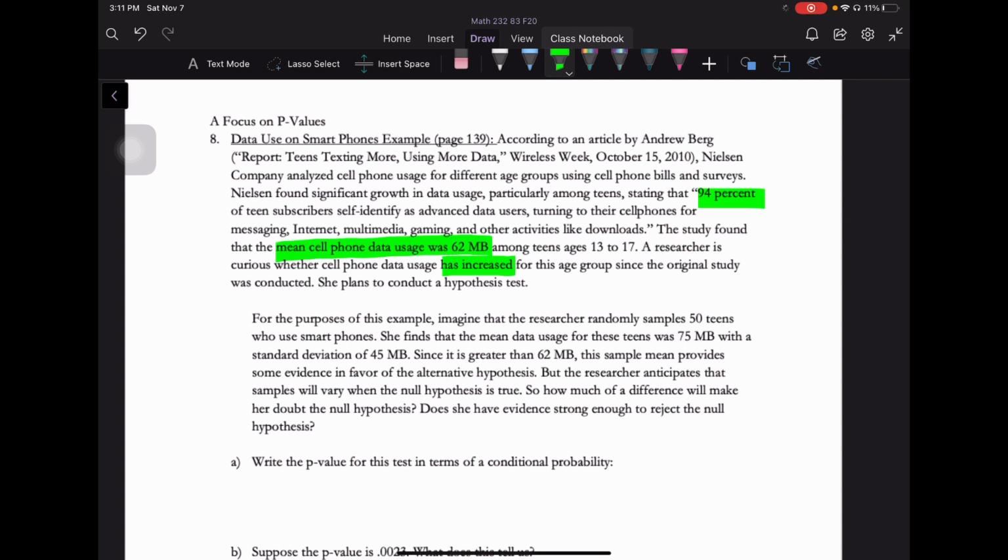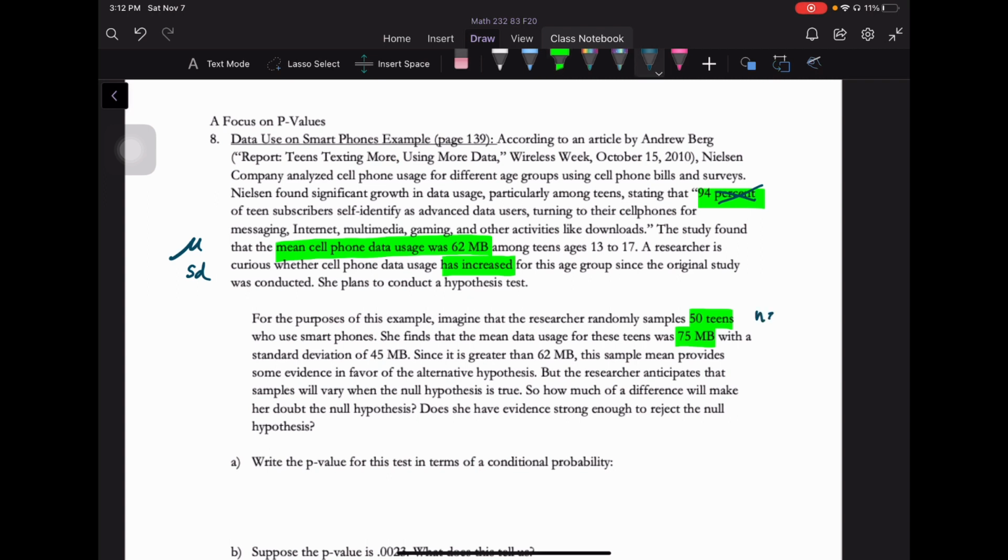I like to highlight the things that stand out to me, and the 94% is the first thing I saw. But now that I come over here with mean and standard deviation, I realize that this 94% is kind of irrelevant. It's not a proportion problem. For the purposes of this example, she's going to randomly sample 50 teens with smartphones, and she finds that the mean usage for these teens is 75. So that's the sample data.